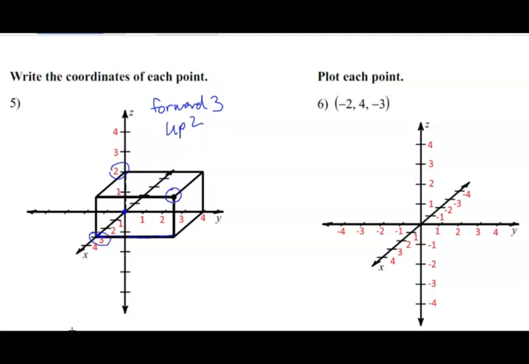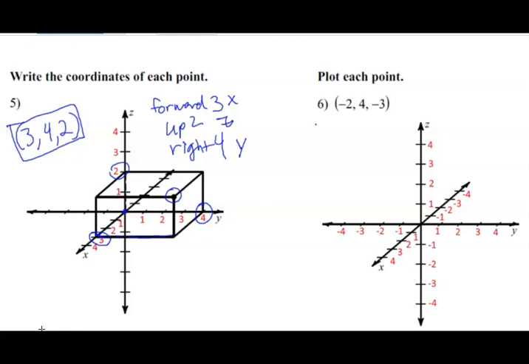And then let's see how many it goes to the right. It goes right 4. So right in this case is Y, up is Z, and forward would be X. So we're going to have all 3 positive numbers. We'll have (3, 4, 2). And that is your coordinate point for this point on the box.